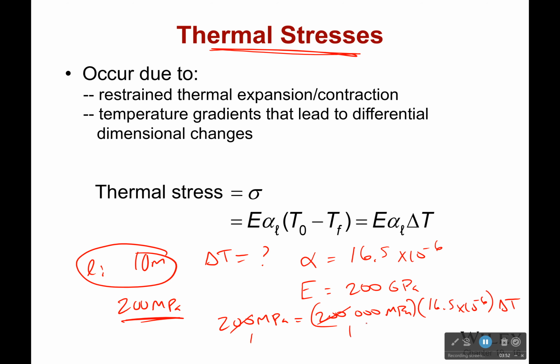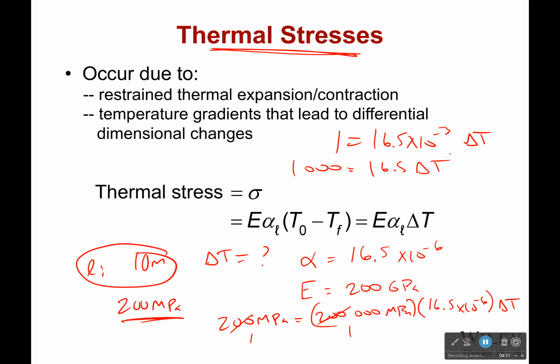And then I multiply that by 16.5 times 10 to the negative 6, which gives me 1 is equal to 16.5 times 10 to the negative third, delta T. And divide this over and I get 1,000 is equal to 16.5 delta T.